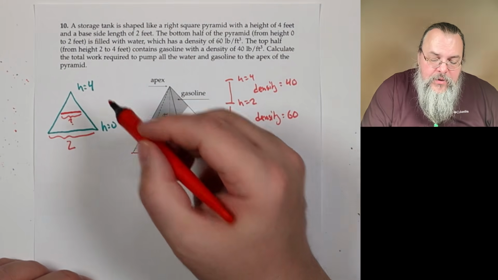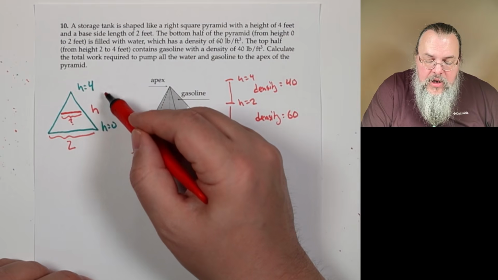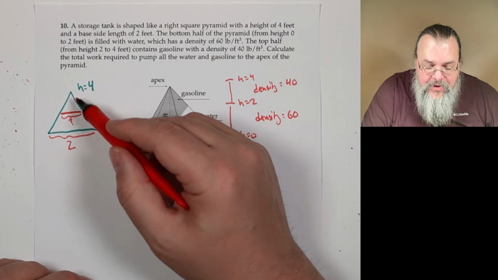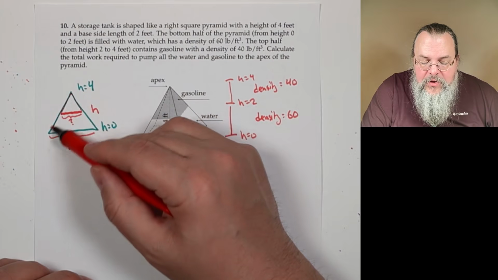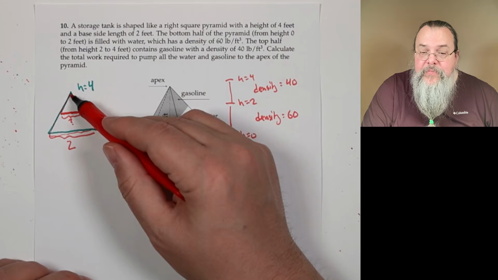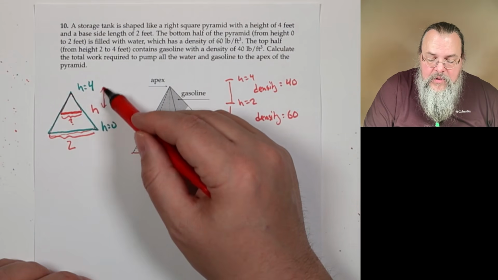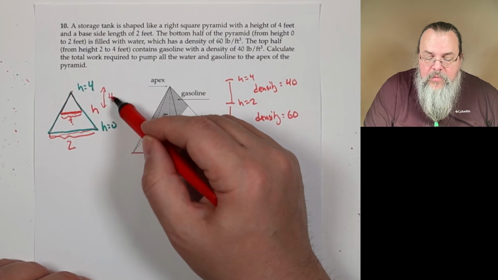Well, we can say this is at an arbitrary height h, and we look at similar triangles. The small triangle upstairs is similar to the triangle of the whole thing. For upstairs, the distance from the tip down to h is 4 minus h.